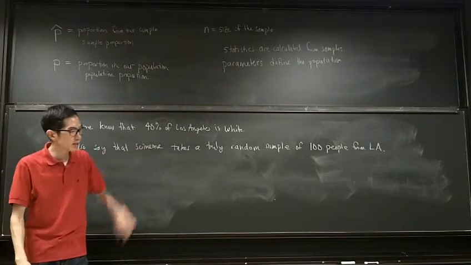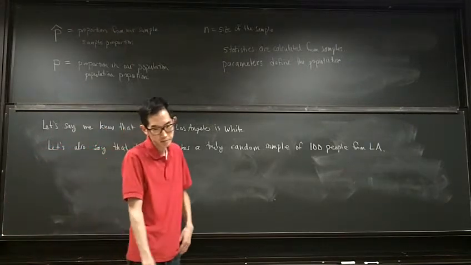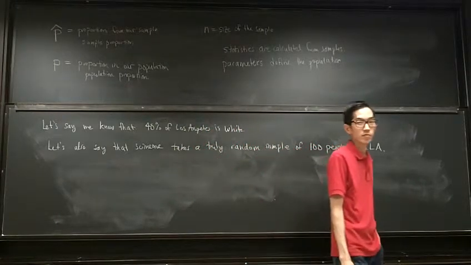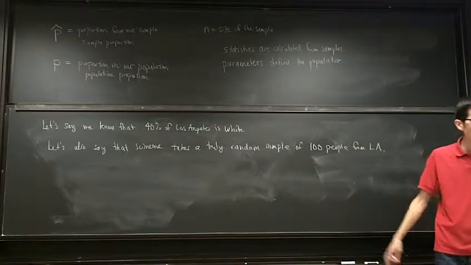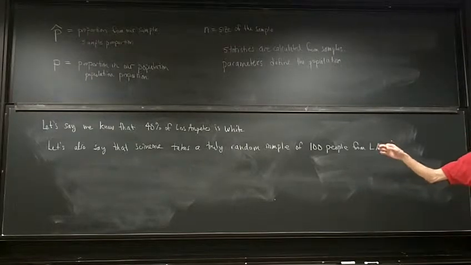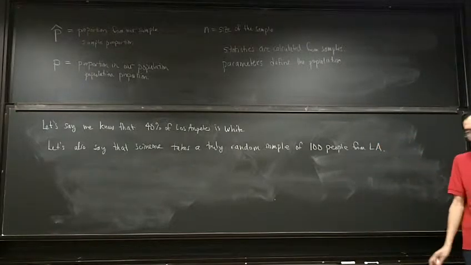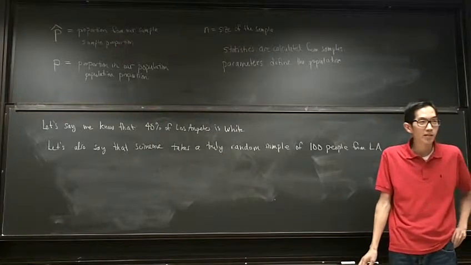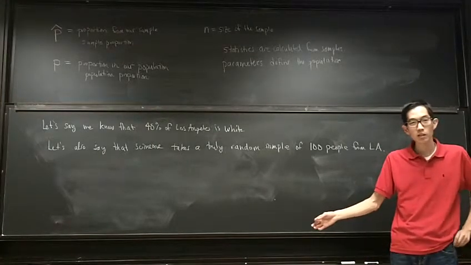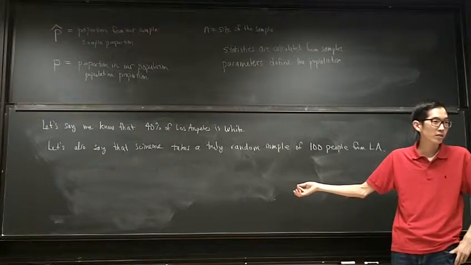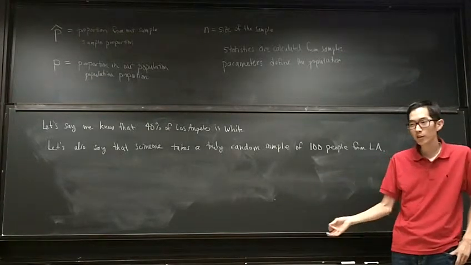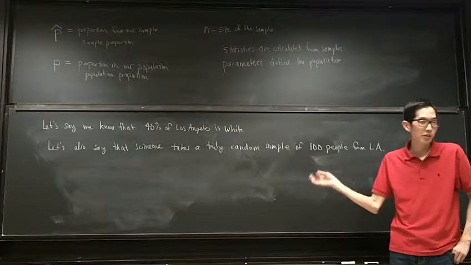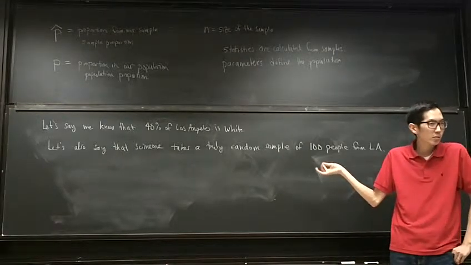What could the p hats of this sample be? 0 to 1. Okay, p hat could technically be any value between 0 and 100%, right? What do you think? What's a likely value for p hat? 40%, okay. Is 41% likely? Yeah. It's pretty likely. What about 38%? Sure, okay. 50%? Yeah. Maybe.